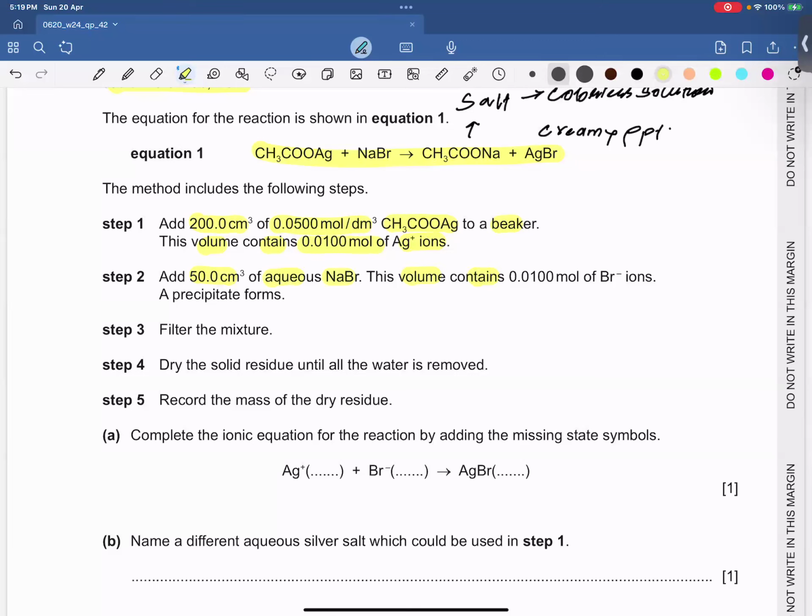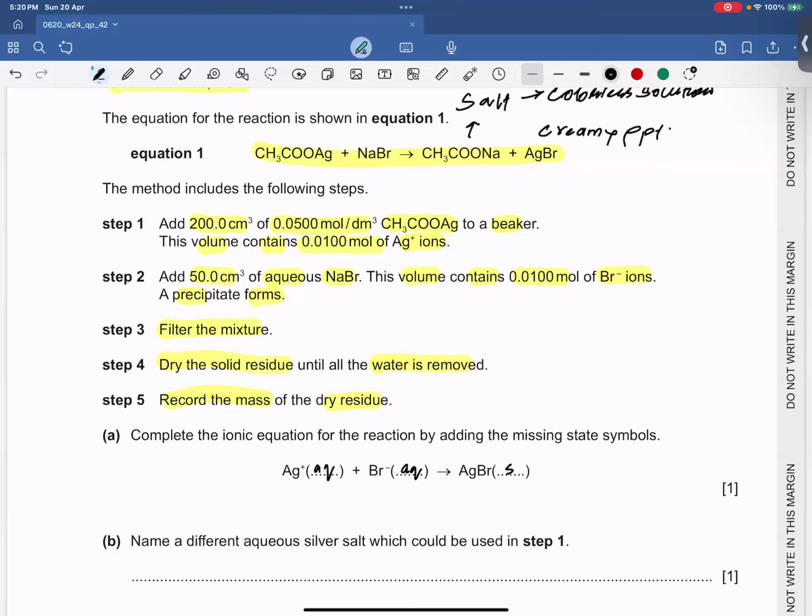This volume contains 0.1 mole per dm cube bromide ions, the precipitate forms. Filter the mixture. Dry the solid residue until water is removed. Record the mass of the dry residue. Complete the ionic equation. The silver ions aqueous, bromide ions aqueous, converting into silver bromide precipitate, which is solid.